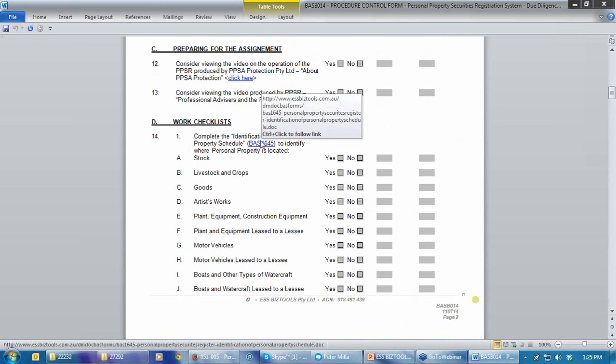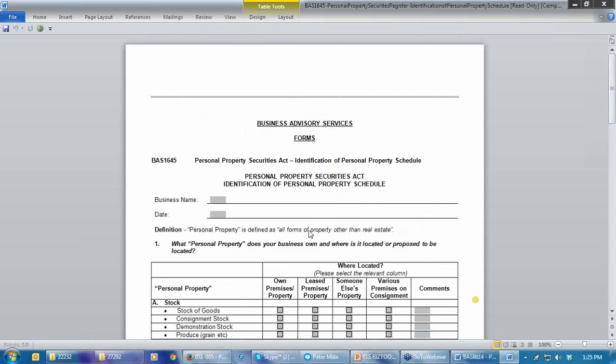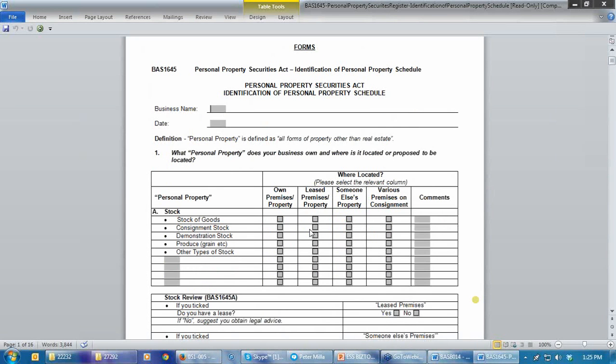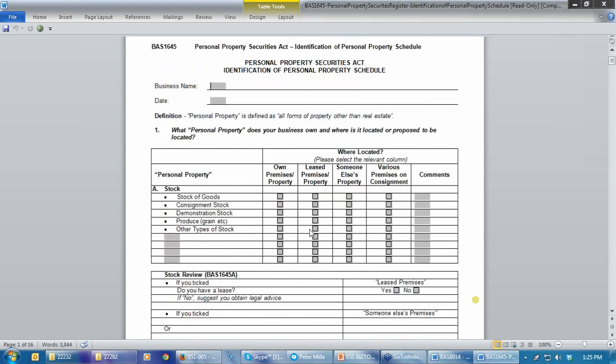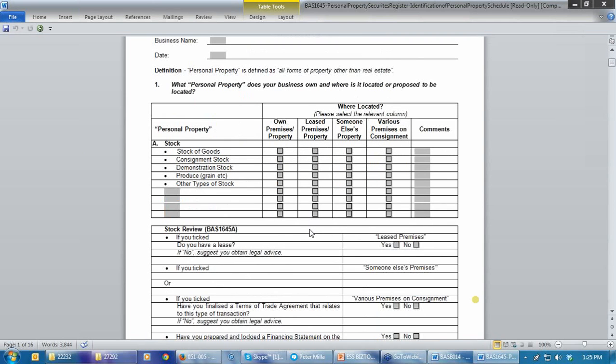The main work document is 1645, and this is a work checklist that encourages you to work through and look at the various assets. So we've gone through and dissected the assets into fairly detailed lists so as to assist in prompting you in undertaking a due diligence review, not to forget anything.